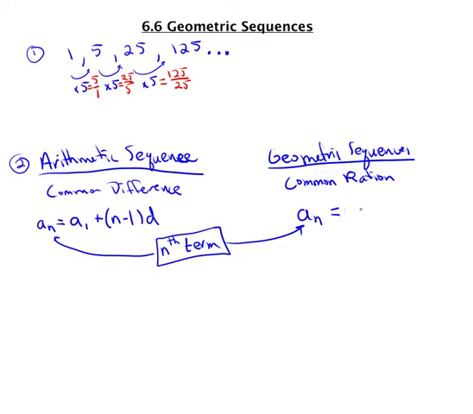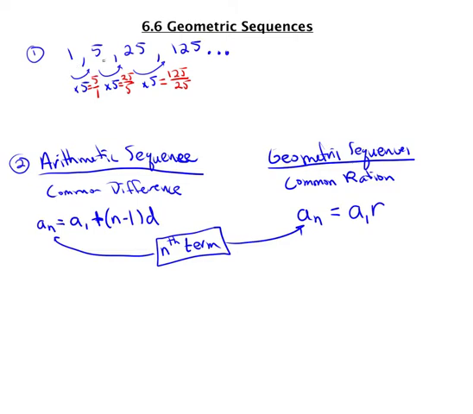And we bring down an equals, and here's the equation for it. It's starting with our a sub 1, but then we're going to be multiplying by our r, our common ratio. Different than our arithmetic, where we added to our a sub 1, our first term, the differences. Here we're going to be multiplying our ratios.